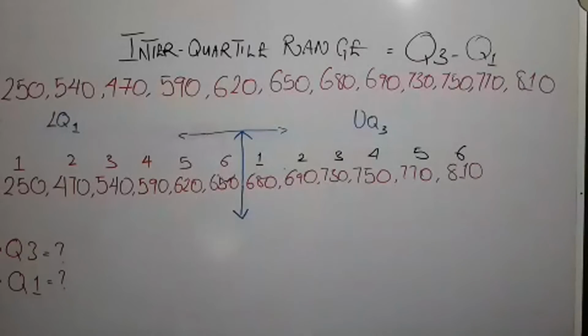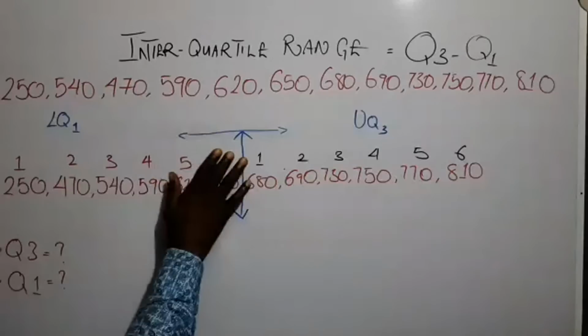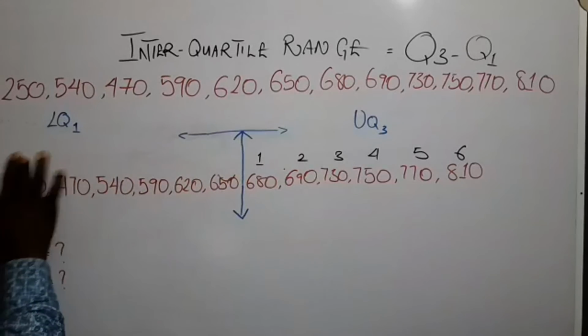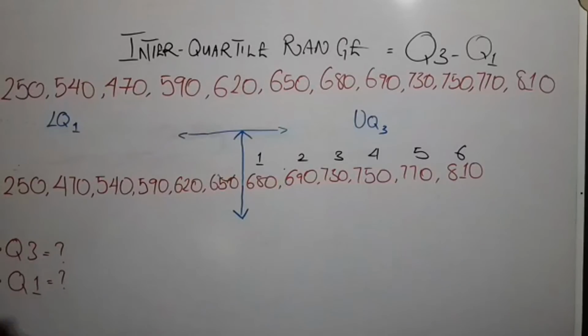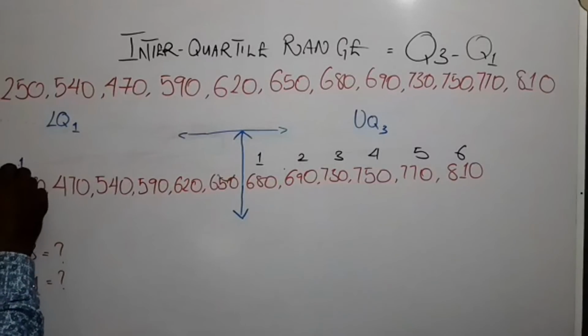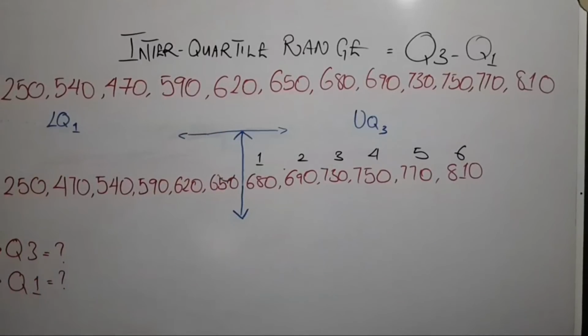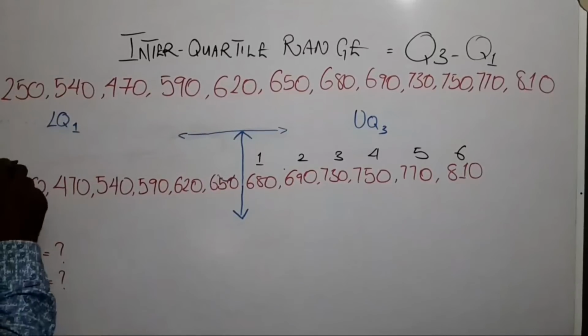So from this point, let's count again from the lower for Q1. Start counting from 1. Let me use a marker. Usually it doesn't take this long, but basically because we are just starting the whole thing.